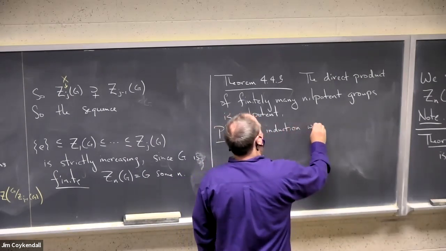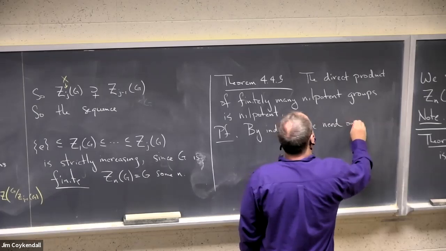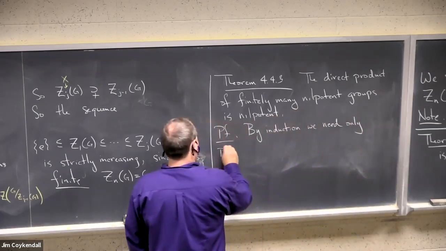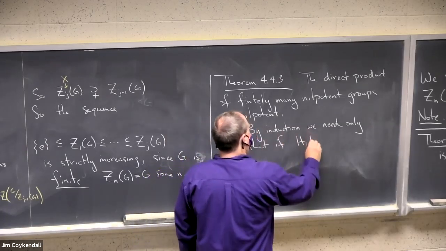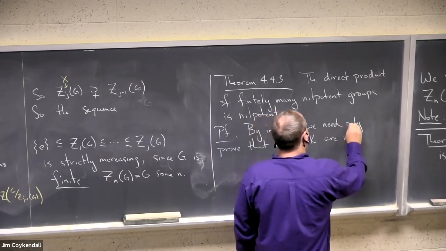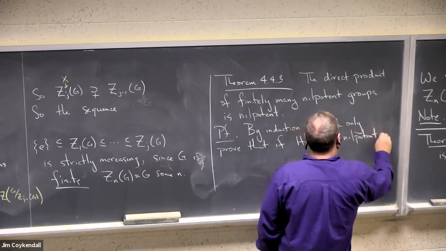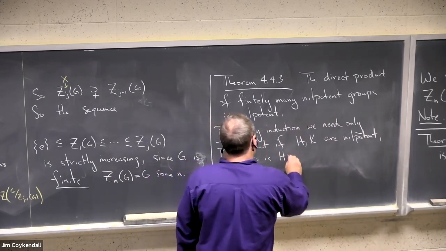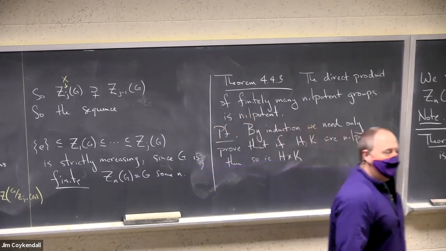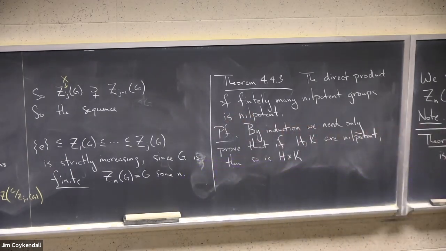By induction, you need only prove this, that H and K are nilpotent, and so is H cross K. Because if this theorem is true for two, the rest of the induction is pretty easy, because if you assume it's true for n, then if you look at n plus one groups, the first n groups, by induction, that's nilpotent.